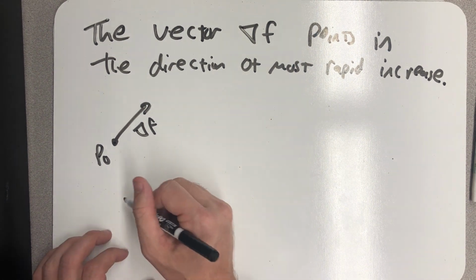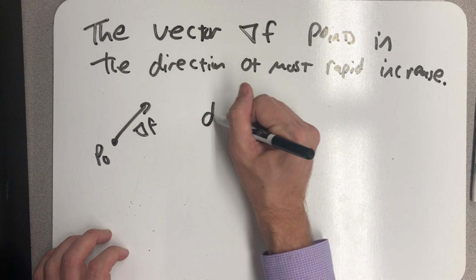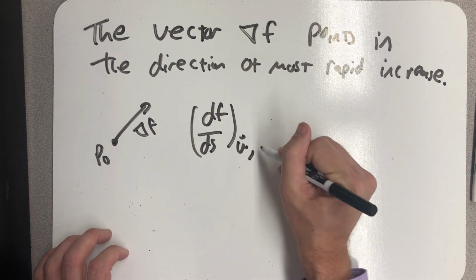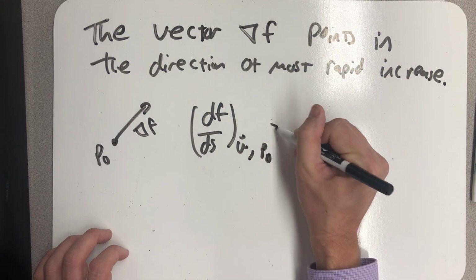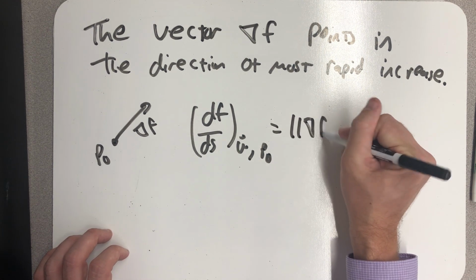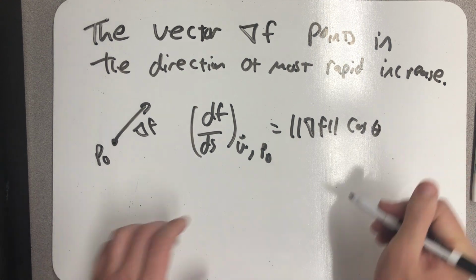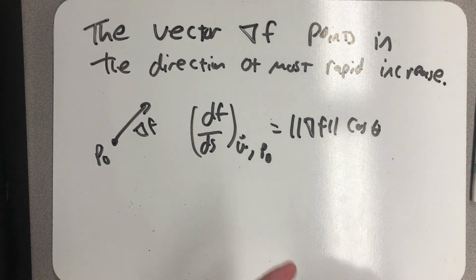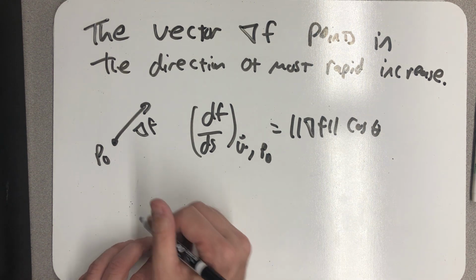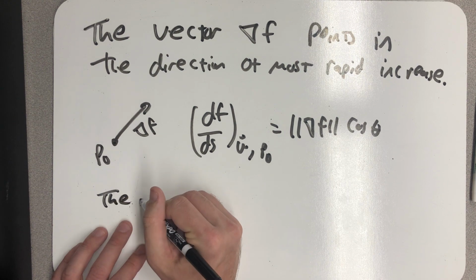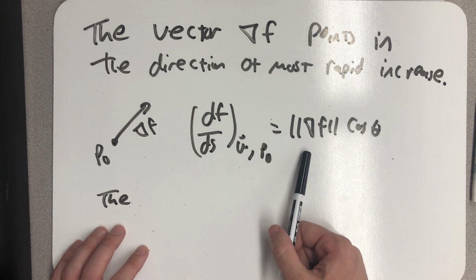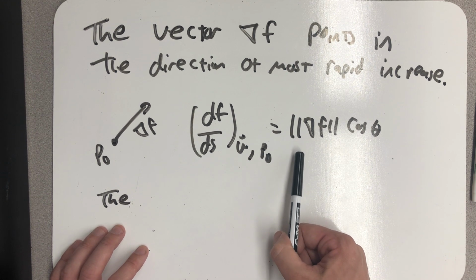So while we're thinking about that directional derivative, being equal to the magnitude of del f times cosine of the angle between u and del f, I can also figure out the direction of most rapid decrease. The smallest value this directional derivative could ever take on is the opposite of the magnitude of del f.